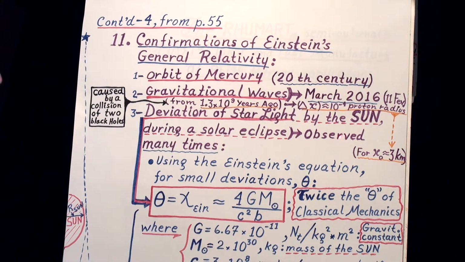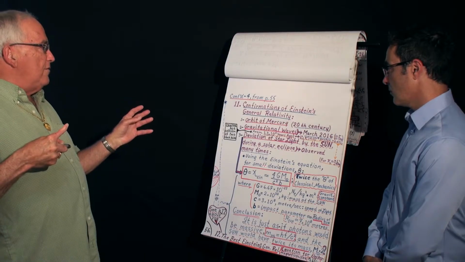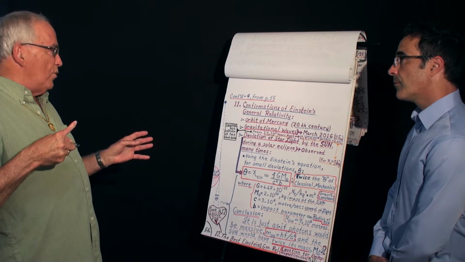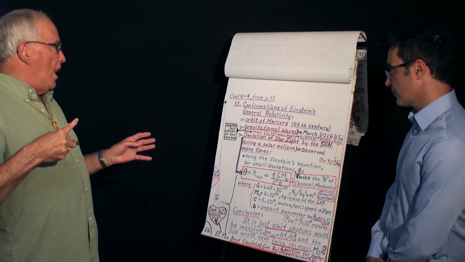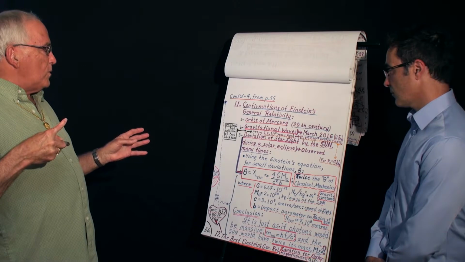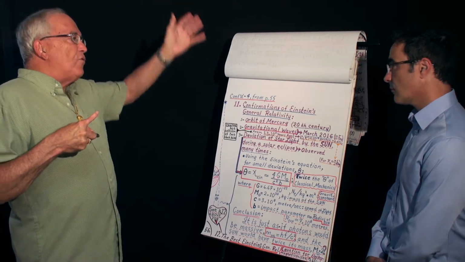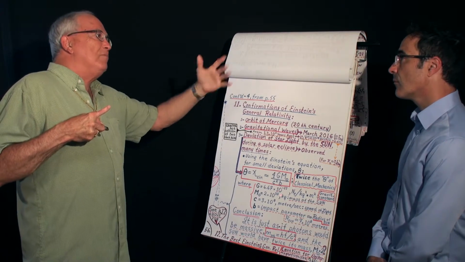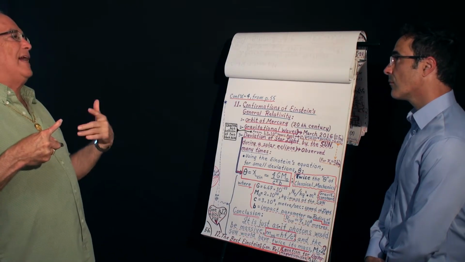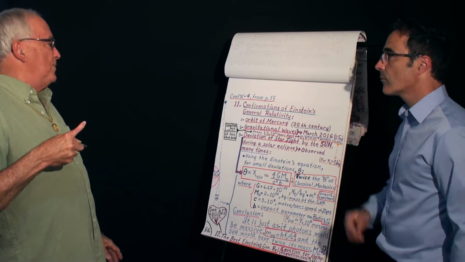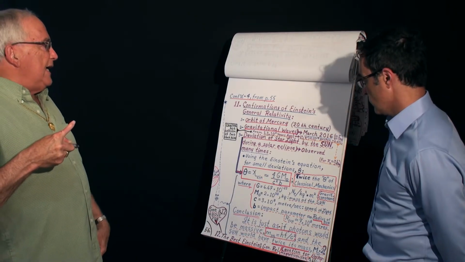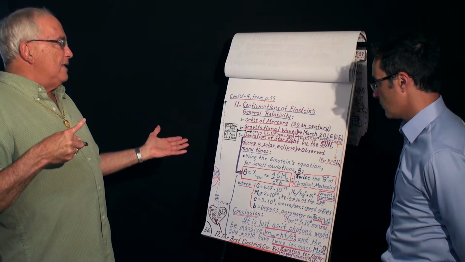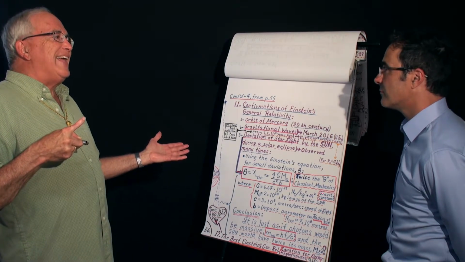But during a solar eclipse, it was observed, using Einstein's equation for small deviation, which is here, the deviation of light rays by a large mass such as the sun. A lighter mass like the Earth, you cannot measure, it's too small. But with the sun, it was measured that it was twice that predicted by classical mechanics.